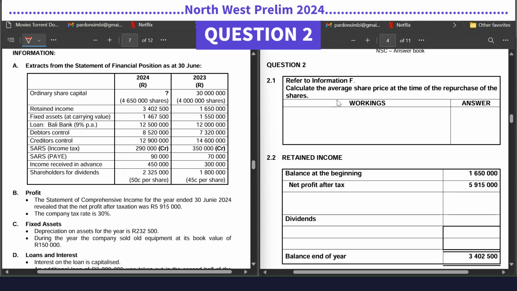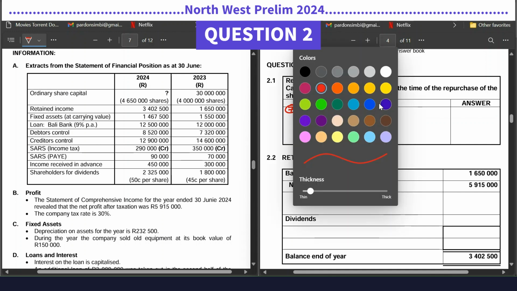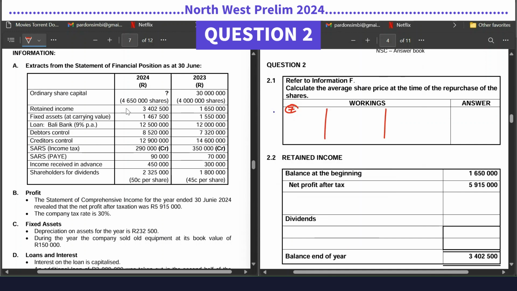So I'm going to say here I'm doing a quick note number 7. I'm going to have my table like that, and at the beginning, ordinary share capital in 2023 was 30 million. At the end, we are not given.